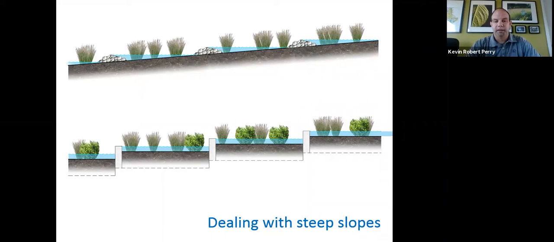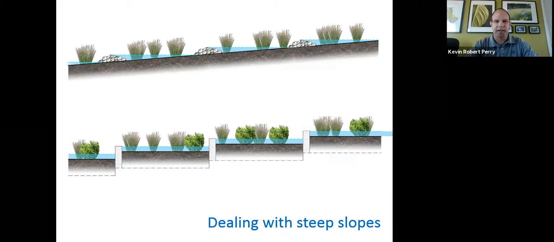But if you want that type of look, there are a lot of different materials to do that. Also, if you're looking at slopes and the slowing and containment of water, there are a couple of different ways to do this. You can terrace the landscape by keeping the slope still the same. That upper graphic there is suggesting a slope. Instead of having that water move really fast down that slope, you're breaking it up with what we call check dams, the ability to slow that water down, capture it, and force it to infiltrate before it can slip down to the next check dam.